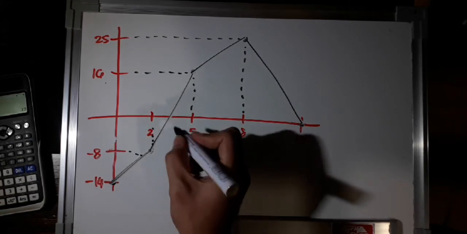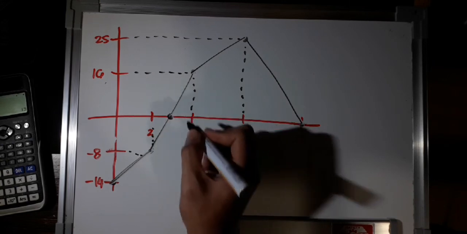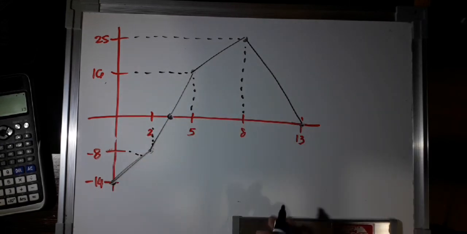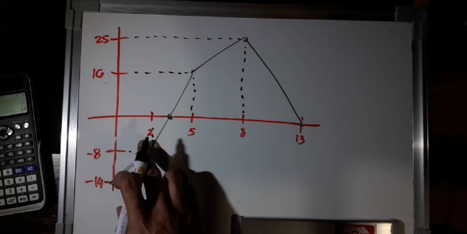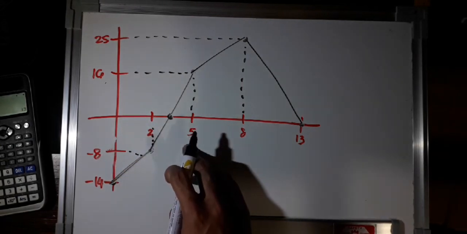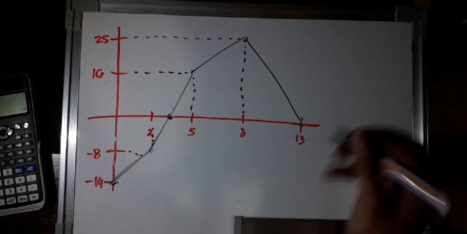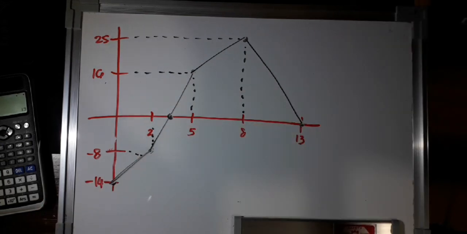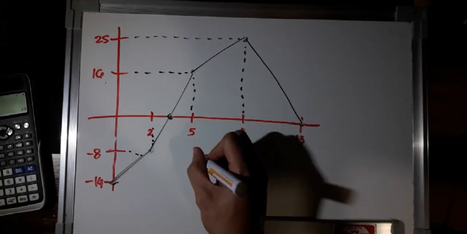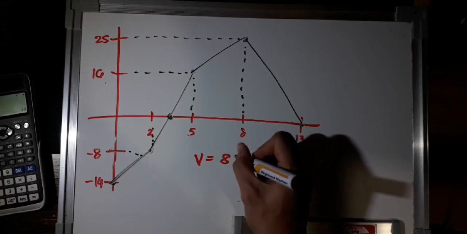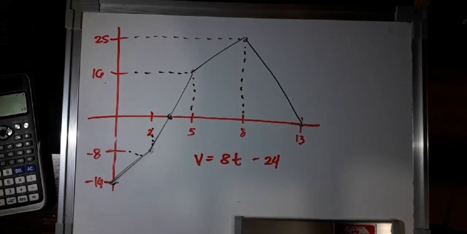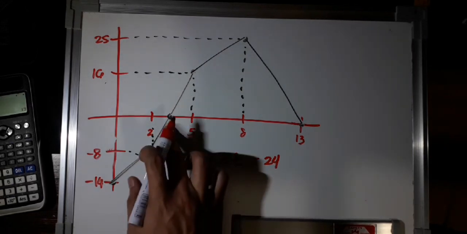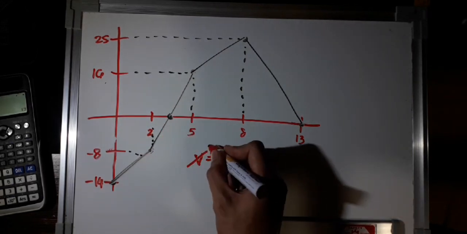So since meron siyang tinamaan na time dito, hindi lang sinabi sa problem pero kailangan natin yan i-solve. So sa pagitan nitong 2 and 5 seconds, nagkaroon tayo ng given na velocity na 8t minus 24 dito sa time na 2 and 5. So in order for us to get the value of time, let us say that velocity is equal to 0.